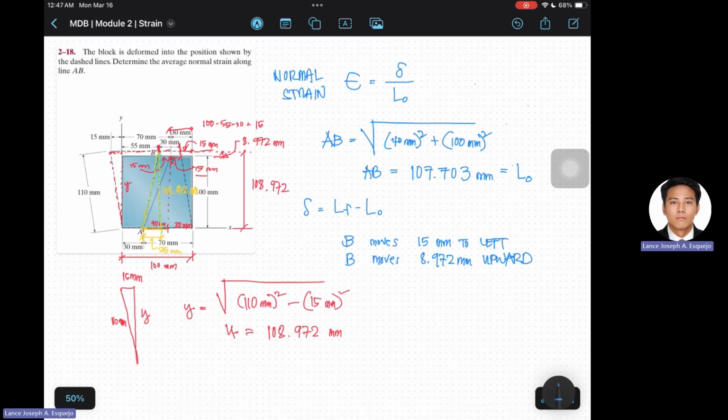Extracting yung formed triangle, we have here the height, the base, and the hypotenuse. Here, we have 108.972 millimeters, and this one is 25 millimeters. This is point A, and this is the final location of point B, that's B prime. To determine the length AB prime, we have the sum of the squares.